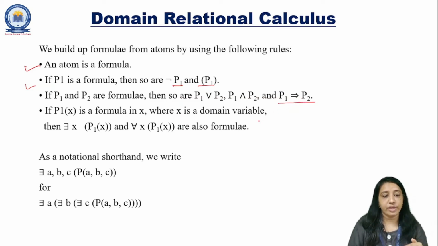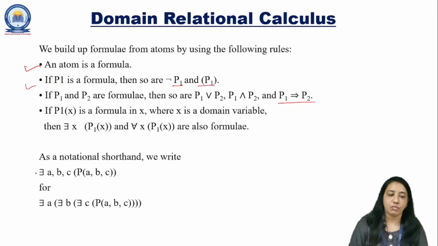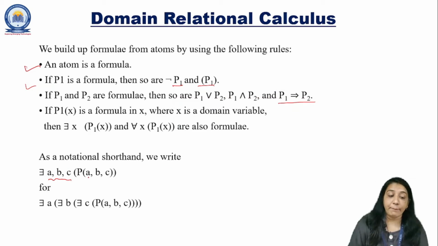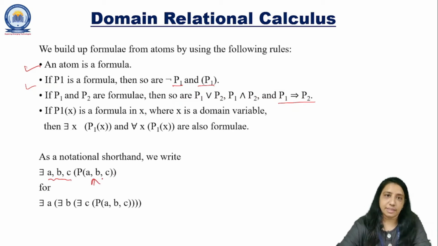So in this way the rules are there. Normally the notation used for this is there exists A, B, C, where A, B, C are the attributes, such that P(A, B, C), that means some condition should be satisfied. So in this way we can write the domain relational calculus.